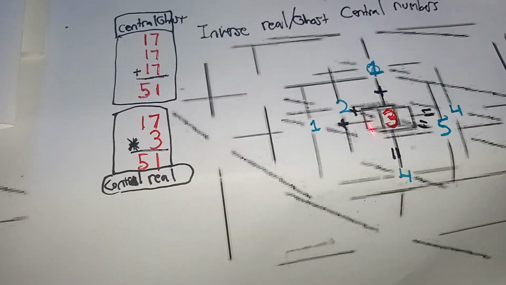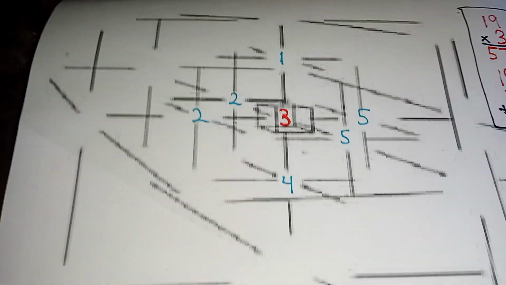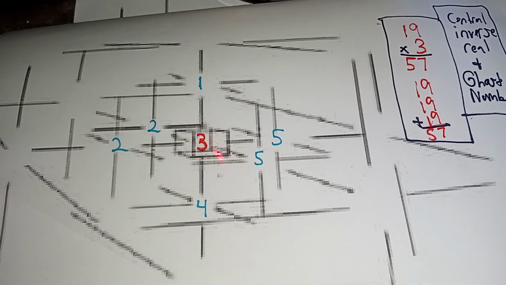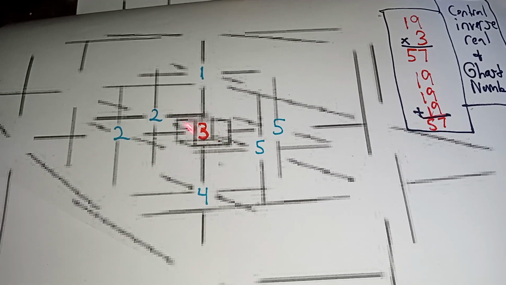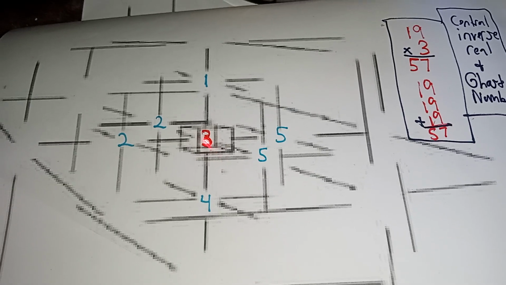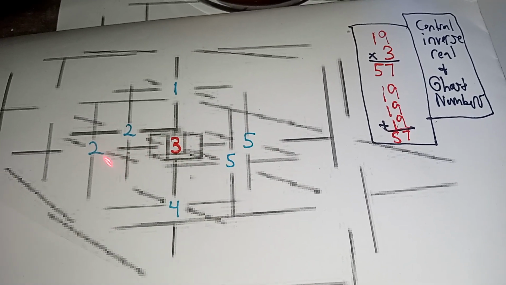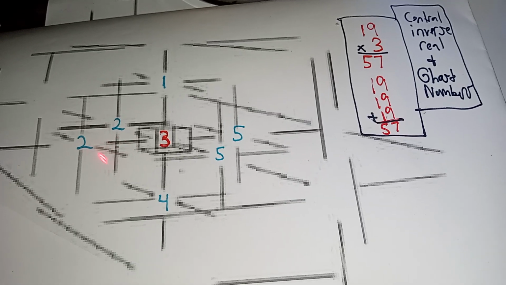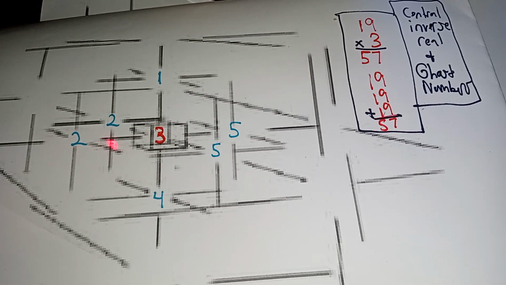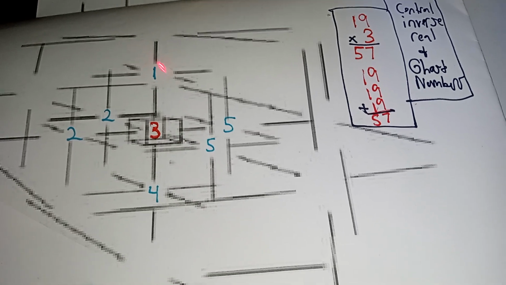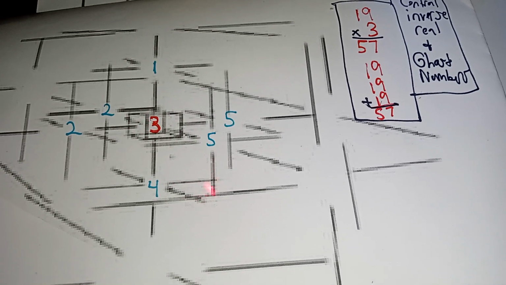And I proved this to myself again with 3, because 3 is important for the central ghost number and for the real number. I just nudged this up 1 to give 2 plus 3 equals 5, 2 plus 3 equals 5, 1 plus 3 equals 4.